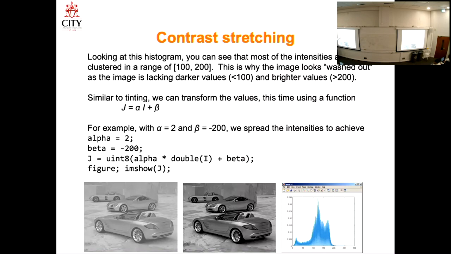What it gives me is I can say multiply the values by 2 minus 200, so that something in the range between 100 and 200 is now getting to 0 to 256. And then I convert it to unsigned integer and then show it. So you can see what a big difference it made.